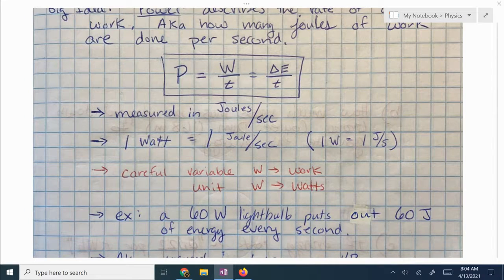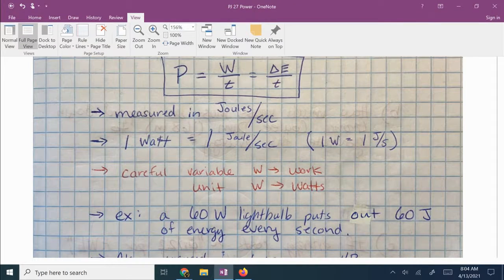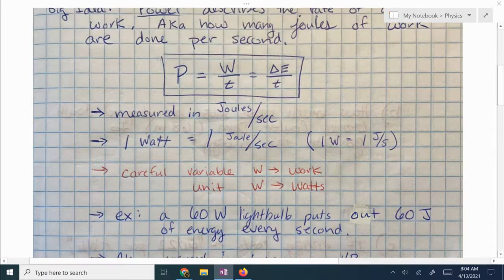Another unfortunate thing about watts is the variable in the equation. That W stands for work, which is the amount of energy, and it has units of joules. The W that follows a number, like 1 watt, stands for watts.